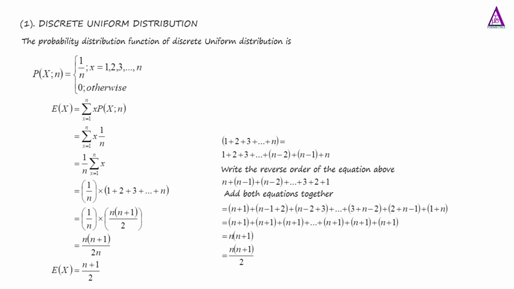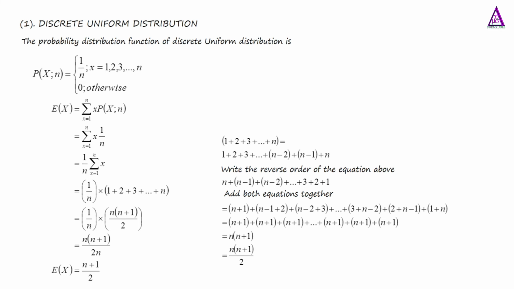Add both equations together, that is, the first one and the second one. When we add these two together, we have (n plus 1) plus (n plus 1) plus (n plus 1), and so on like that. That's the reason why all of them are n plus 1.